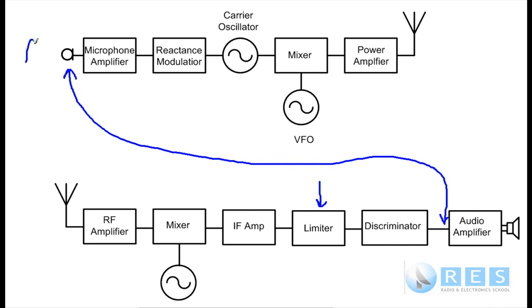Here we've got changes in voltage in our voice, and that caused changes in frequency to be transmitted. We received it, we converted it to an IF, we removed the amplitude variations, and then we go into the discriminator, and the discriminator converts changes in frequency. I'll try and draw some frequency changes here. It's a bit hard.